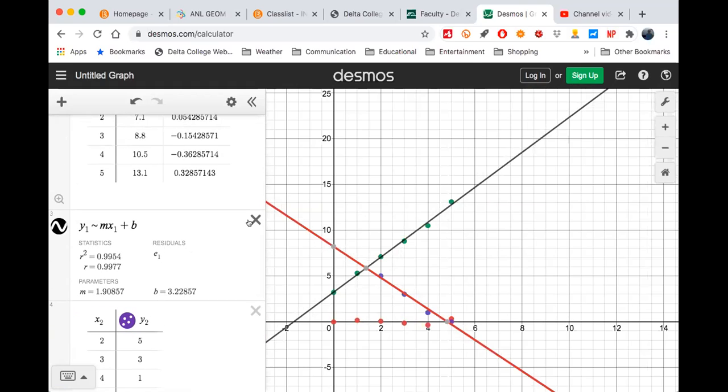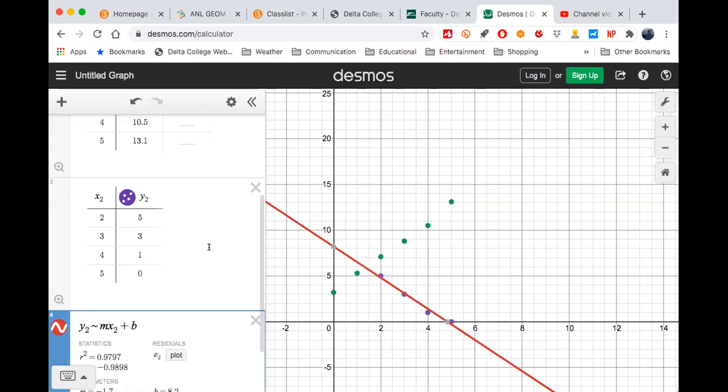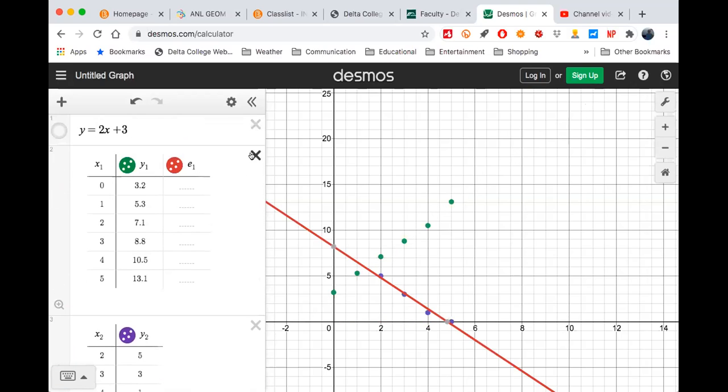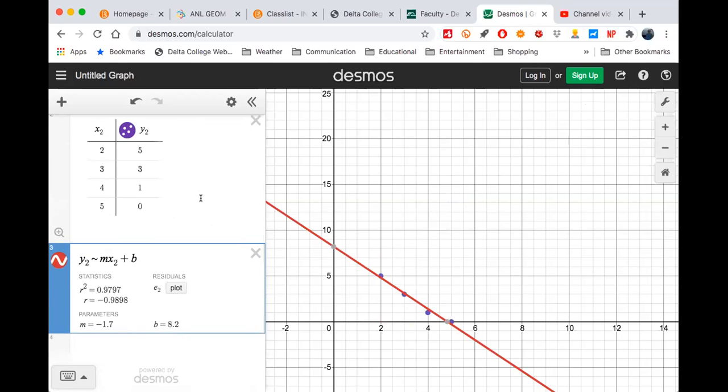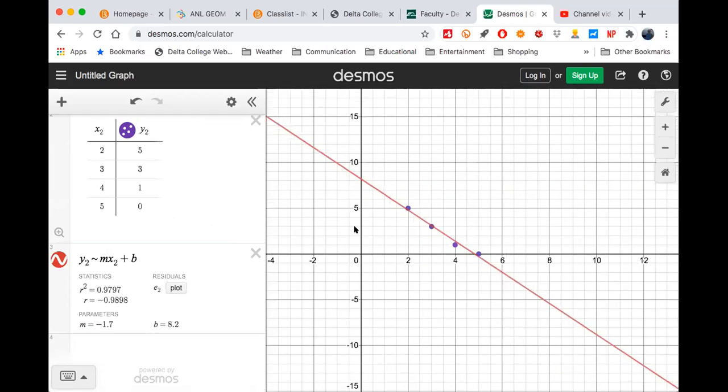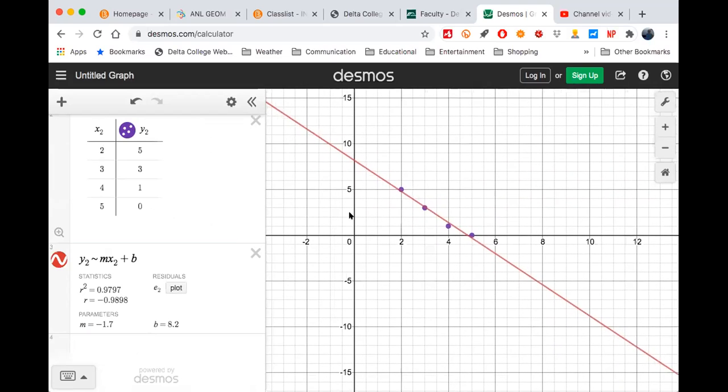I'm going to take that first one out of there because we're going to use the second one again, so that we only have the one graph to show. We're going to compare this to the calculator. And I think I have this going, although I'm not really sure what my phone seems to be doing.